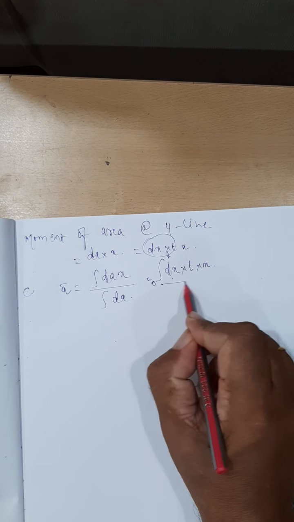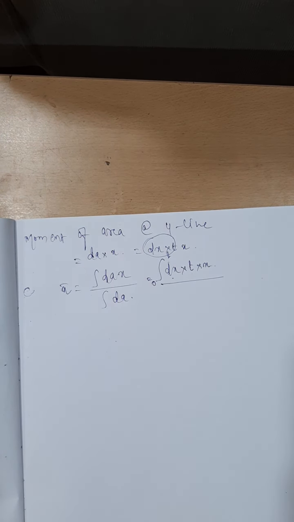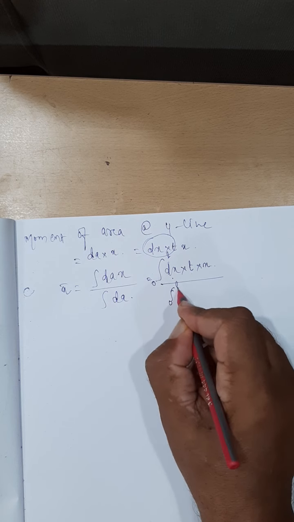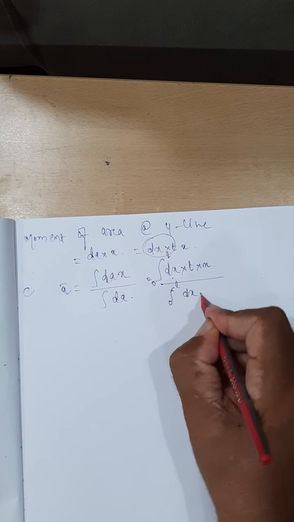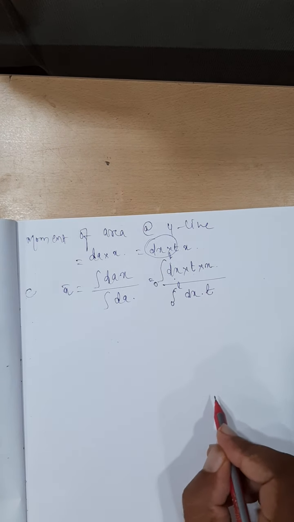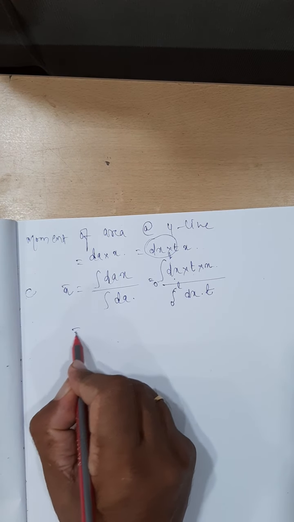Divided by, what is the area of the figure? The area of the figure is nothing but the integral of dA, which is 0 to L dx times t. Now just here the integrations.